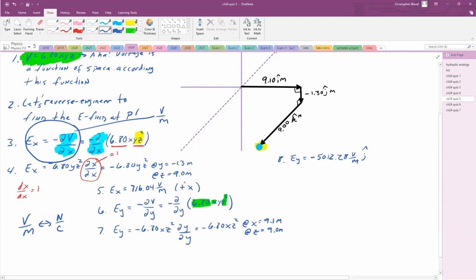And over here, I should have put I hat. I need to specify I hat is saying this is the direction along the x-axis. This is the magnitude of the electric field along the y-axis, and I just want to double check this. Negative 6.8 times 9.1 times 9 squared. Okay.